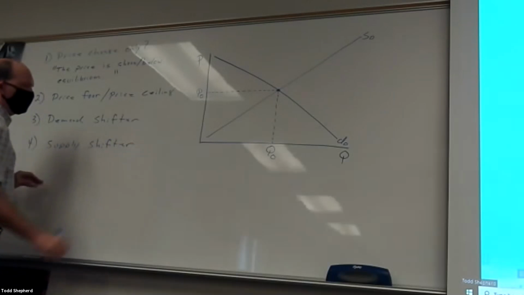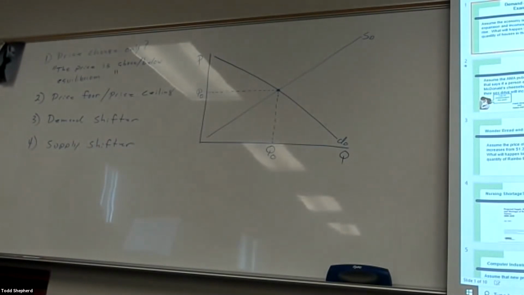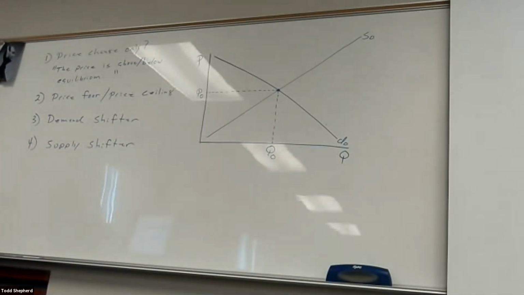And again, you go through exactly the same process. You want to identify what that shifter is, and then you want to go in and read your rule, and then make your appropriate move.